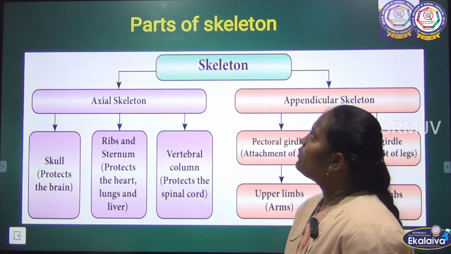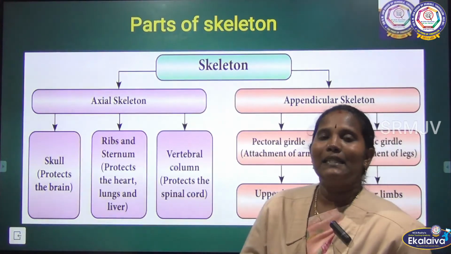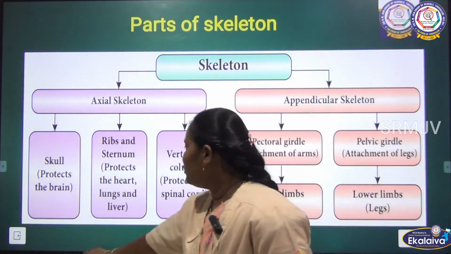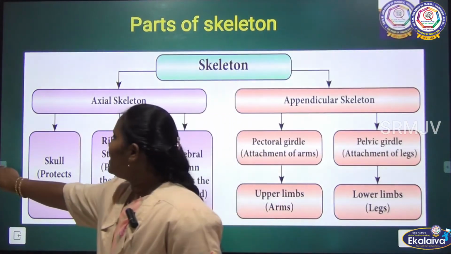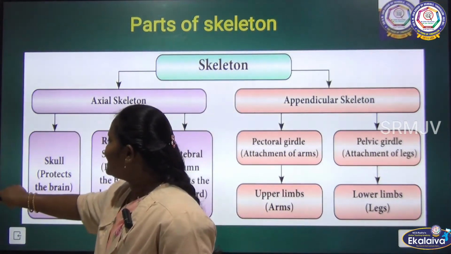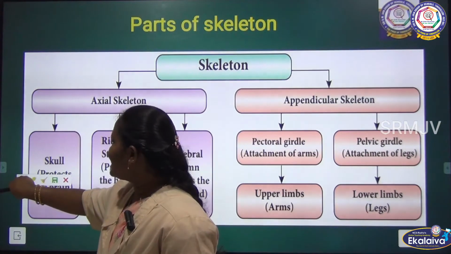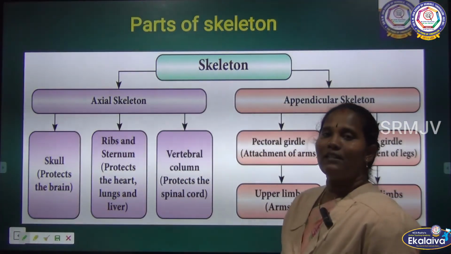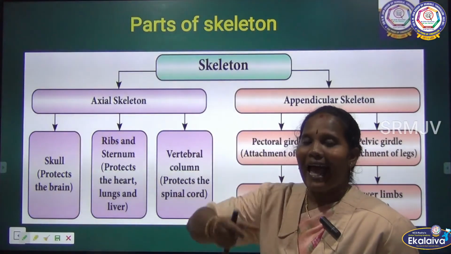In this topic we have to see the parts of the skeleton. We know very well that the skeletal system can be divided into two. The first one is the axial skeletal system. What does axial skeletal system mean? The central axis.